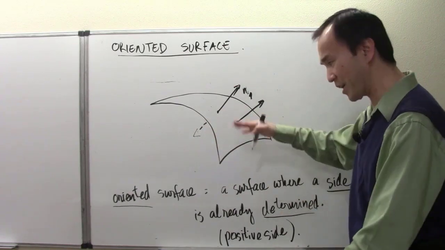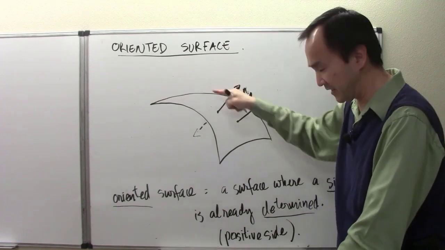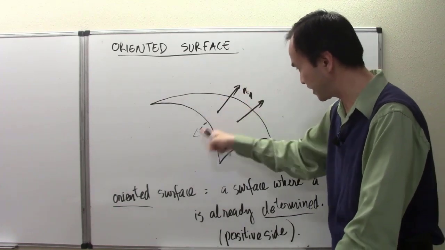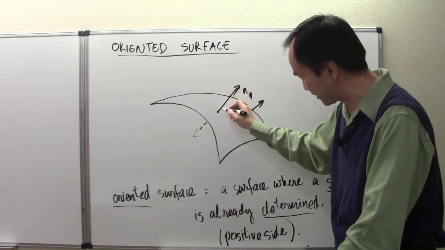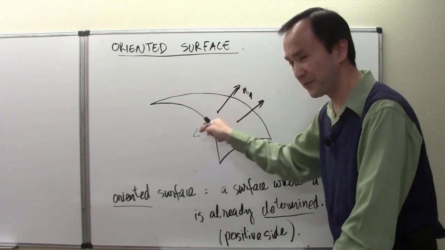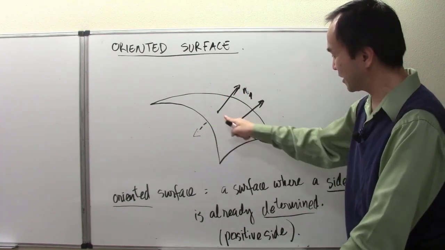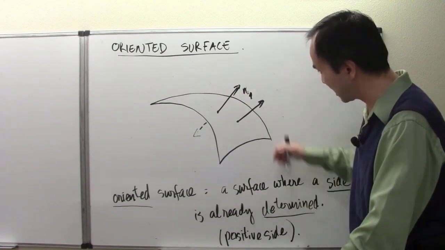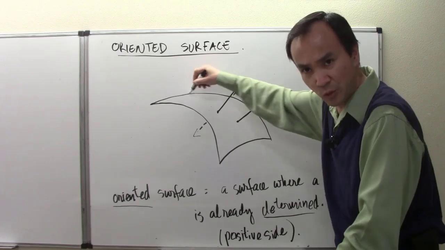So at any point on an orientable surface, there are two normal vectors pointing in two different directions of facing. Once we pick one side, picking one side means we pick a whole set of normal vectors.